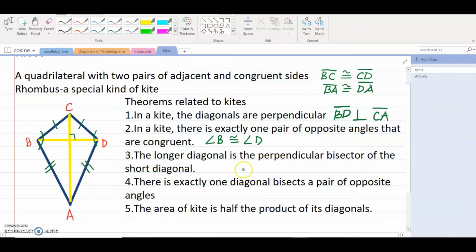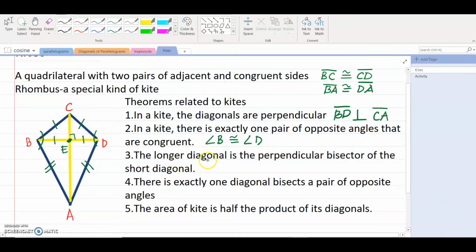So meaning CA, line segment CA, is the perpendicular bisector of line segment BD, meaning the measure of B to the point of intersection of these two diagonals, let's say this is E. So line segment BE is equal to DE because of the perpendicular bisector of the longer diagonal.